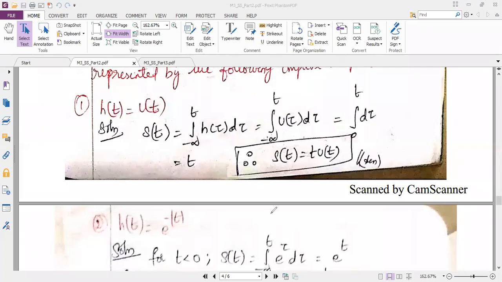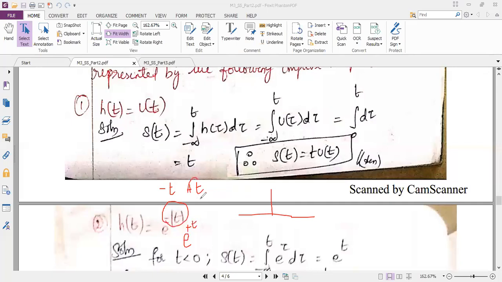So let me draw the rough diagram of this. This magnitude of t, I can consider as minus t at one time and plus t at another time. When it is minus t, then we already have one minus, so it becomes e power plus t. So when I substitute minus t, I will get e power plus t as the power.